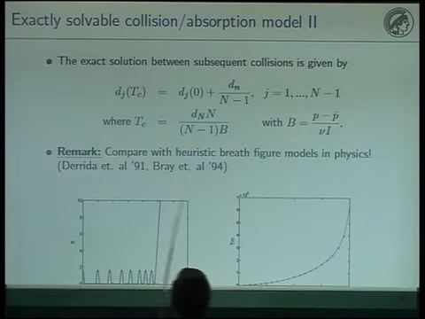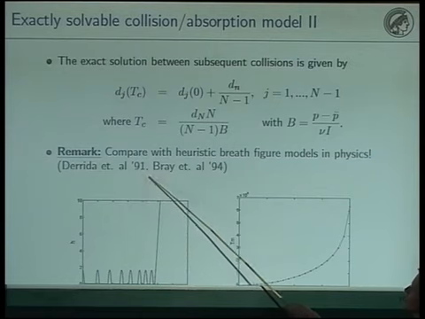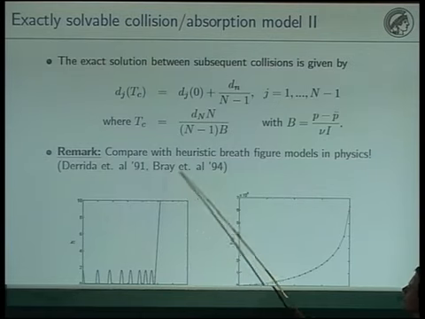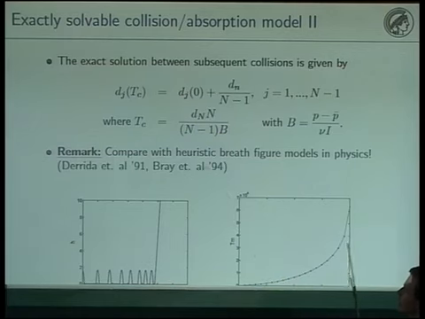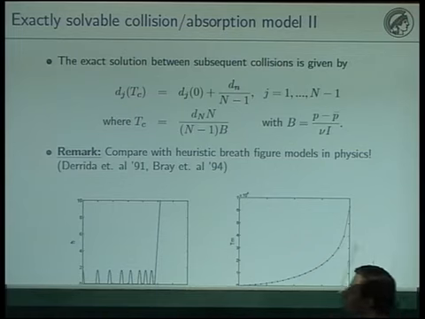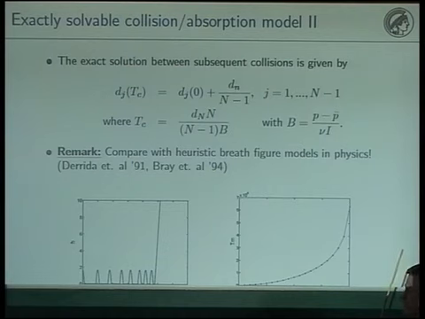so somehow brought me to look at these articles of physicists, which are already 20 years old, of Derrida and Bray, where they considered somehow special heuristic models for Burgers figures or Potts models, and they introduced for these models some kind of special rule of coarsening by some heuristic observations, and they derived some kinetic models from that.